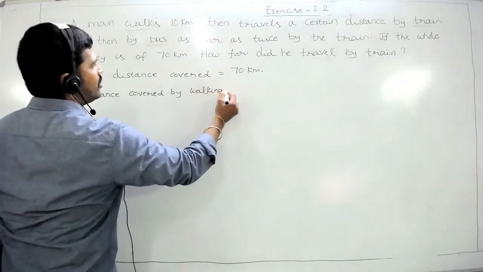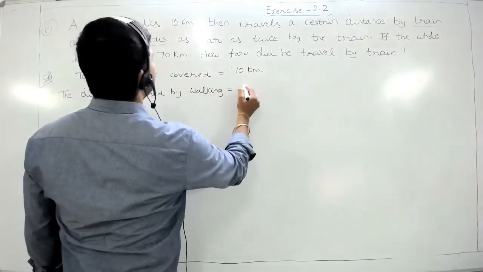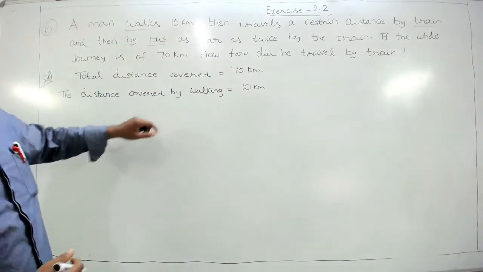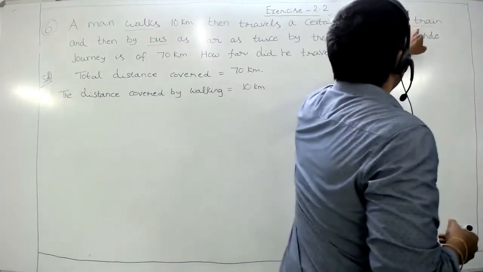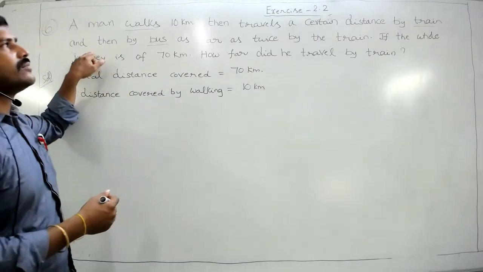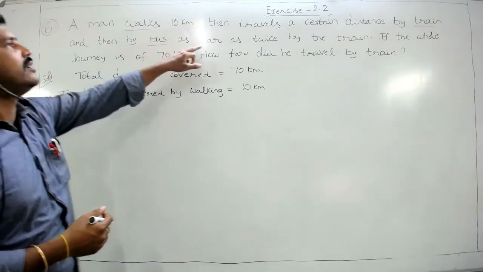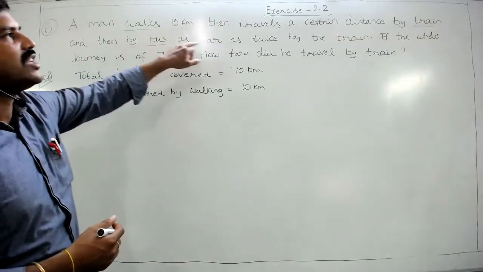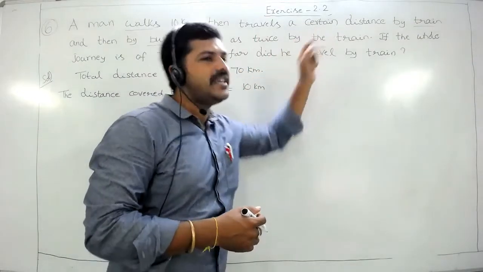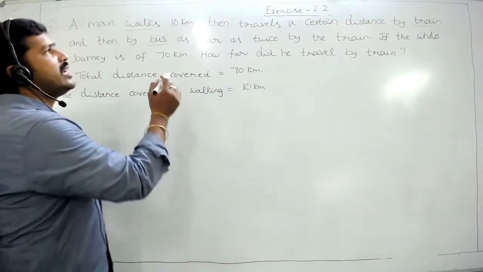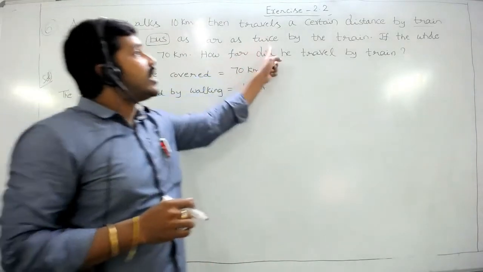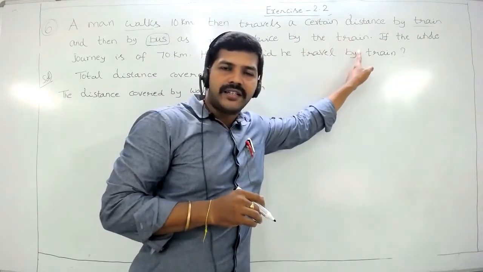The distance covered by walking is 10 kilometers. Then he covered some distance by bus. What is it? Twice by the train.